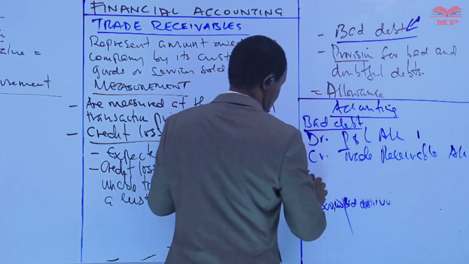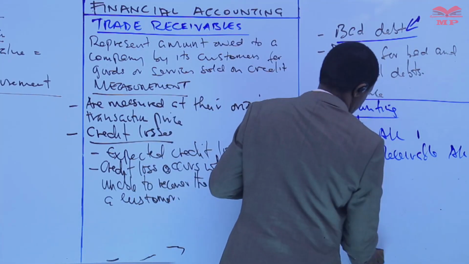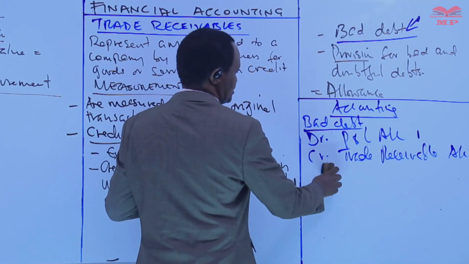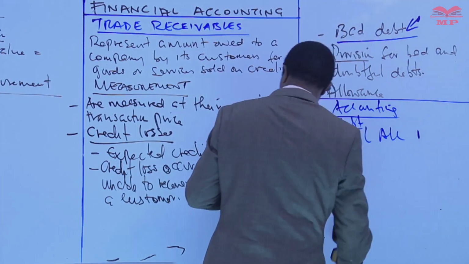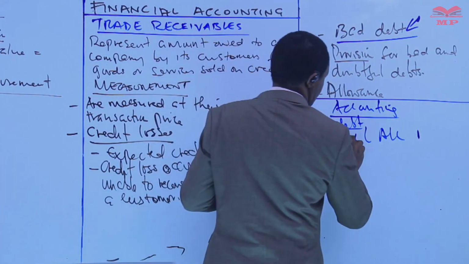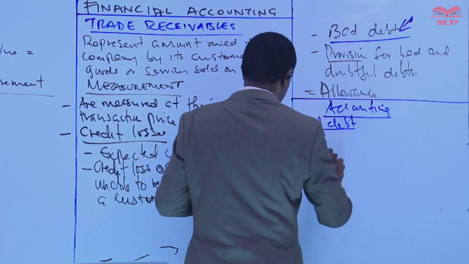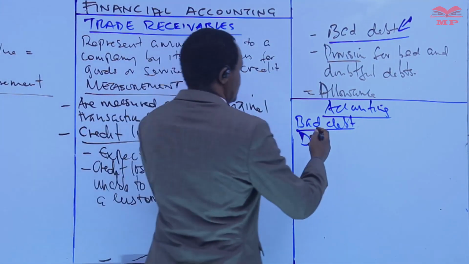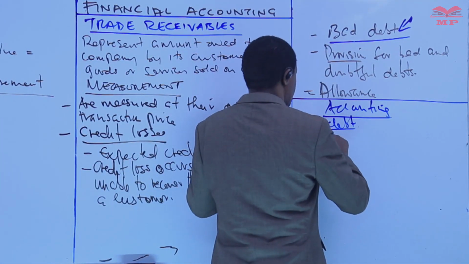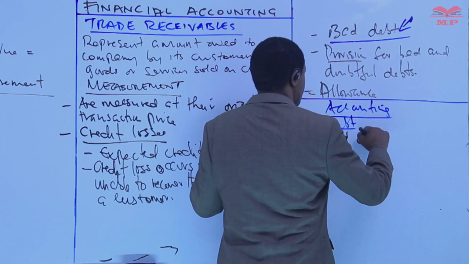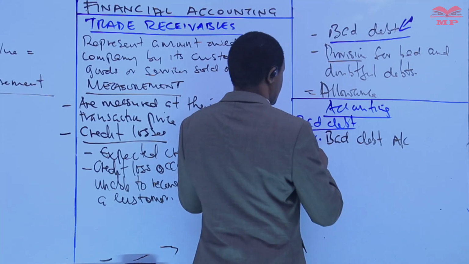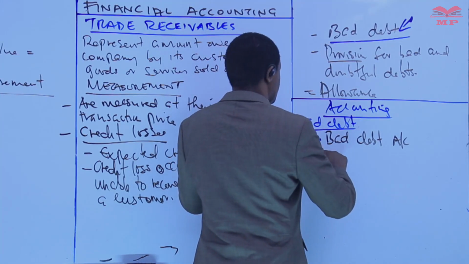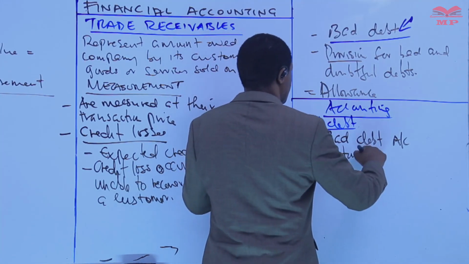You understand, candidates? So accounting for bad debt, one transaction is to debit, let me go the long route, debit bad debt account, credit debtors account.